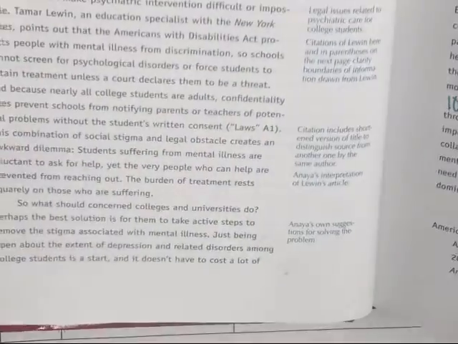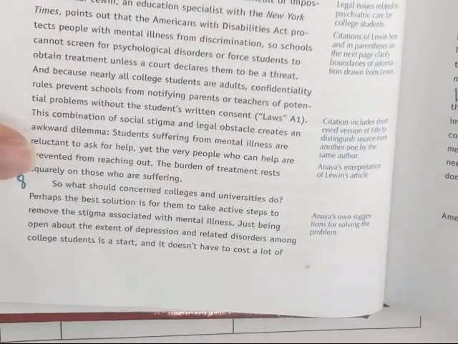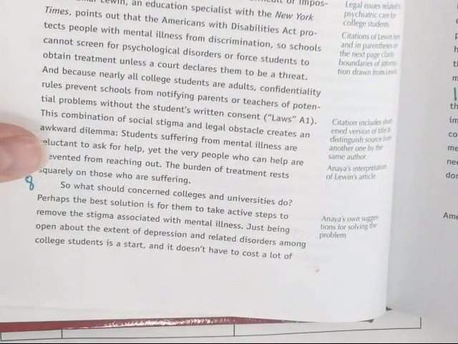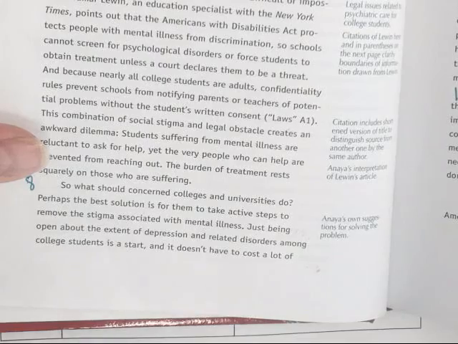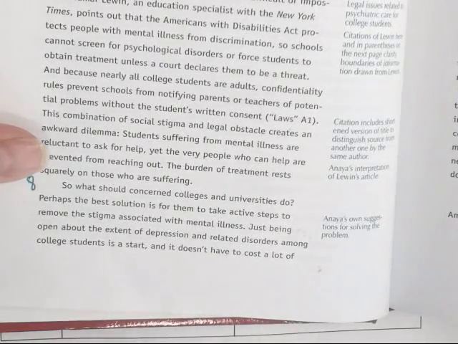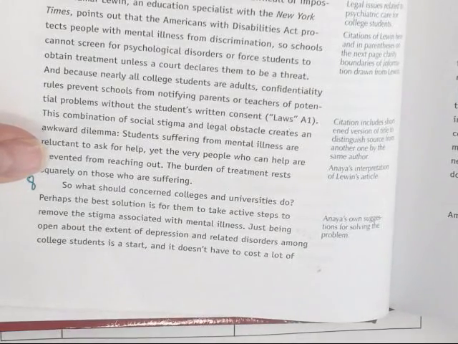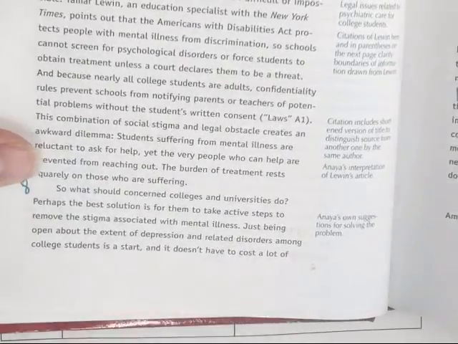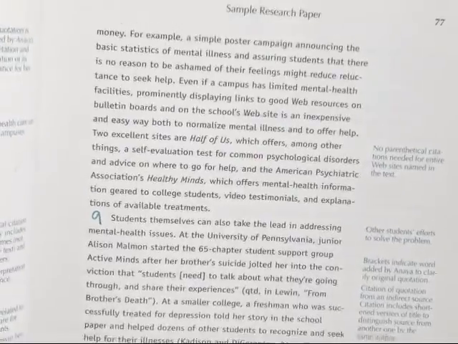All right, paragraph 8. So what should concerned colleges and universities do? Perhaps the best solution is for them to take active steps to remove the stigma associated with mental illness. Just being open about the extent of depression and related disorders among college students is a start, and it doesn't have to cost a lot of money.